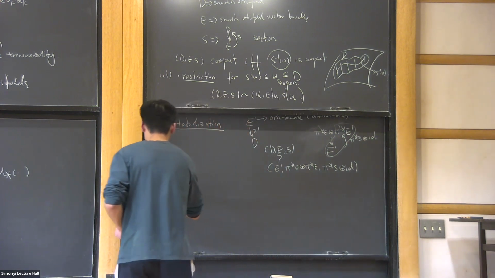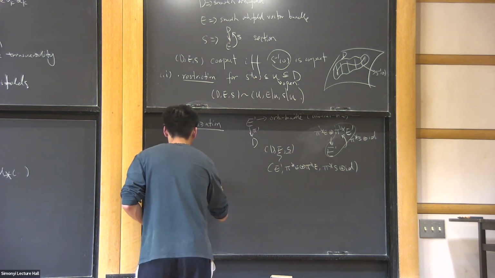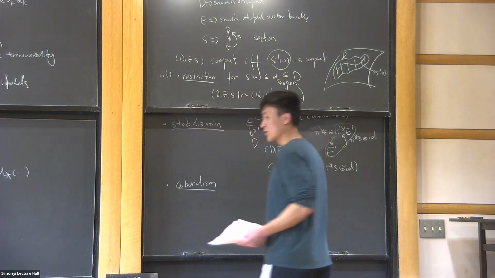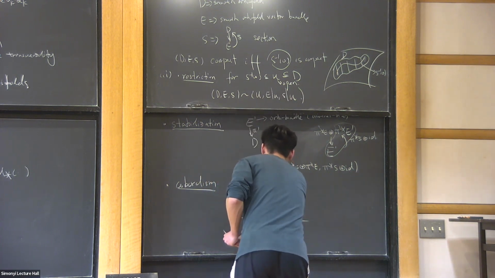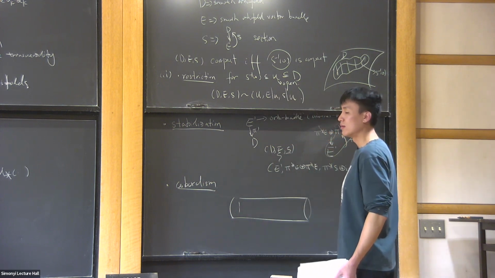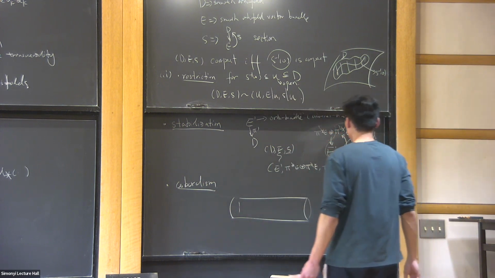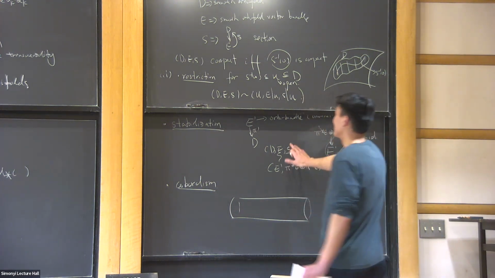Then the third relation is called cobordism. I'll just draw a picture rather than write down the words. We look at just part of the zero section of E prime, the zero locus.